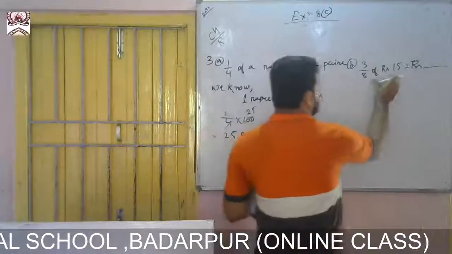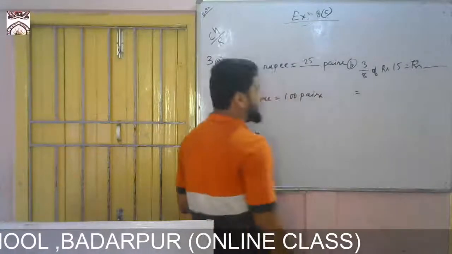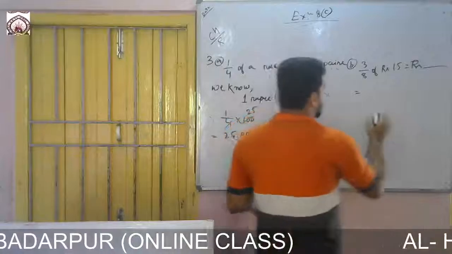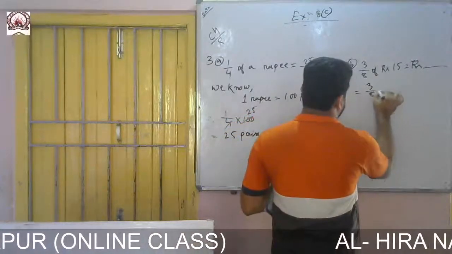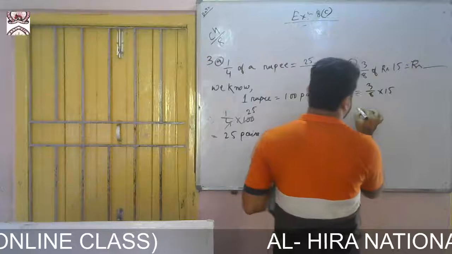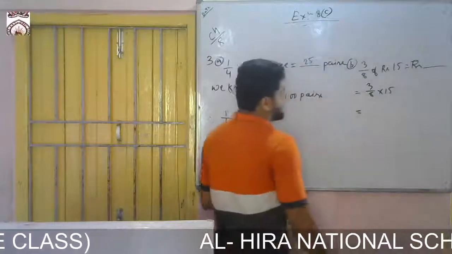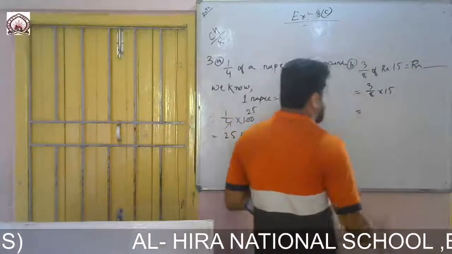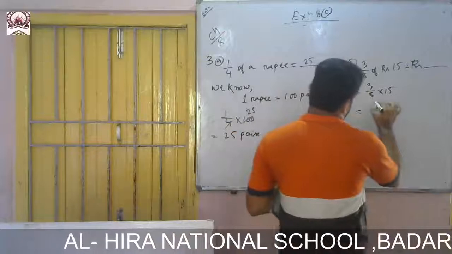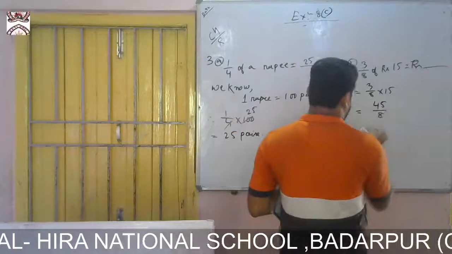I need to see how much 3/8 is of 15 rupees. So 3/8 into 15 equals to what? I cannot cancel. So 15 3s are 45/8.